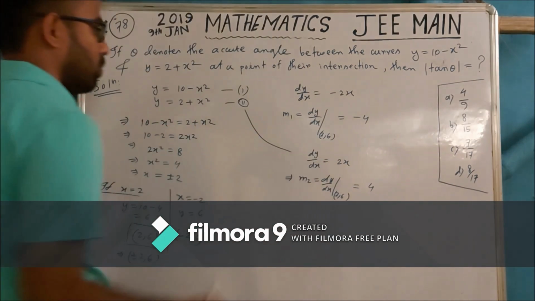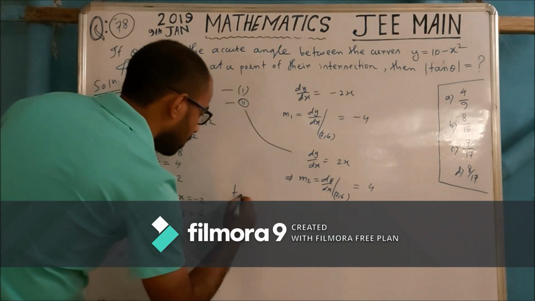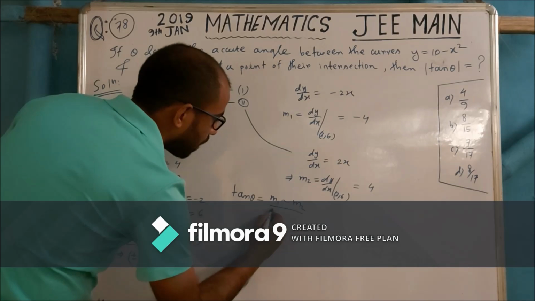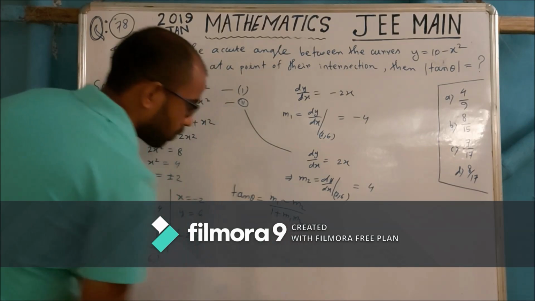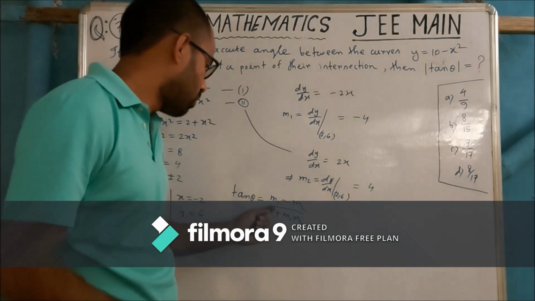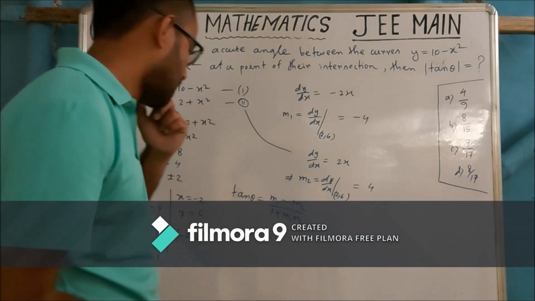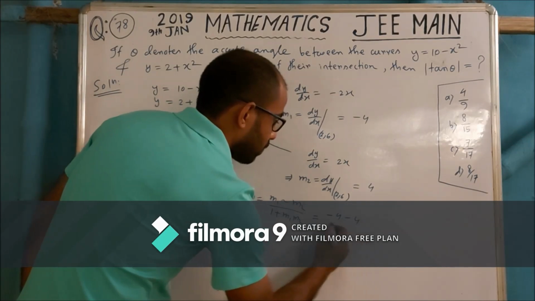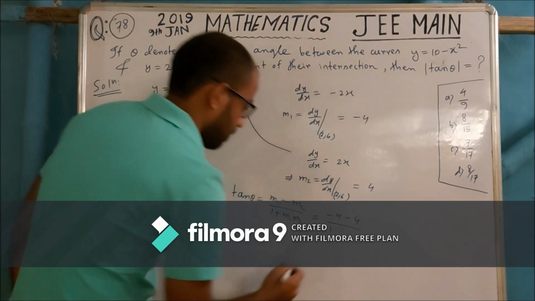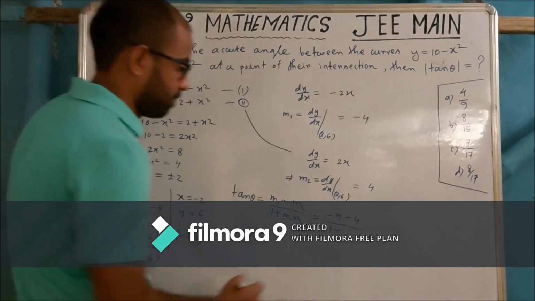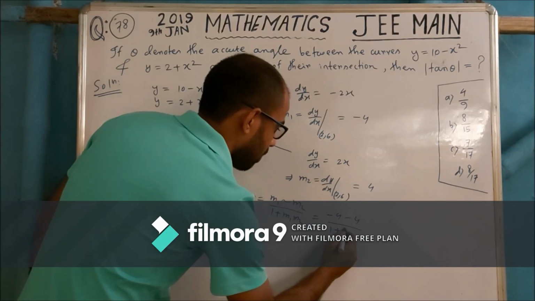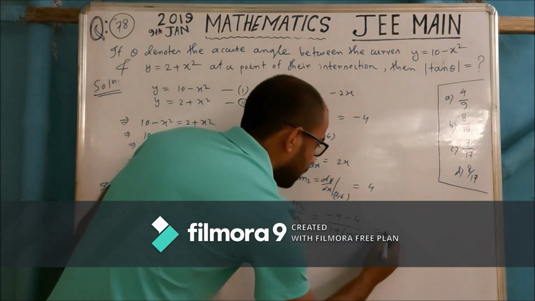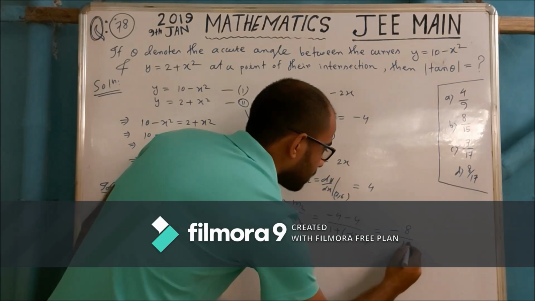So we get m1 and m2, and we know that tan theta equal to m1 minus m2 by 1 plus m1 into m2. It does not matter which of m1 and m2 is greater. So putting m1 equal to minus 4 and m2 equal to 4, we get minus 8 and minus 15.